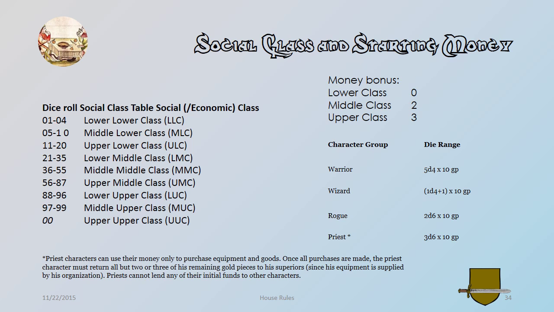If you roll it, you get the bonus. If you pick it, you don't get the bonus. A warrior would be upper class, so you'd roll 5d4 times 10, and then multiply that number by 3. It's just something I do to help flesh out the character and give more support when you're developing your character.